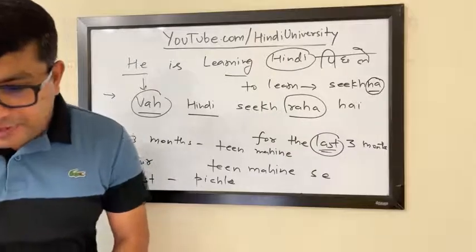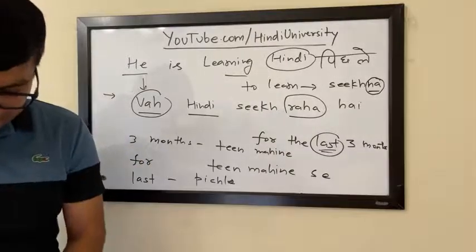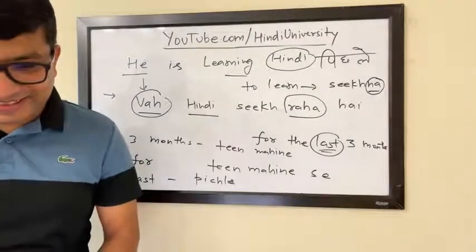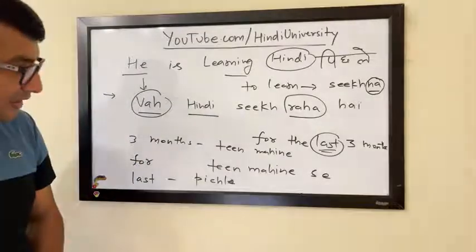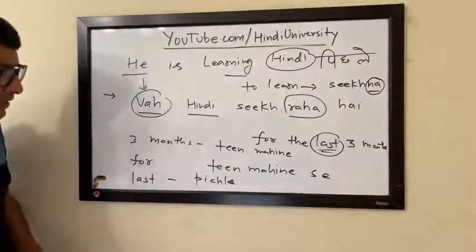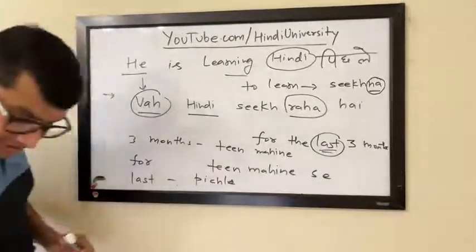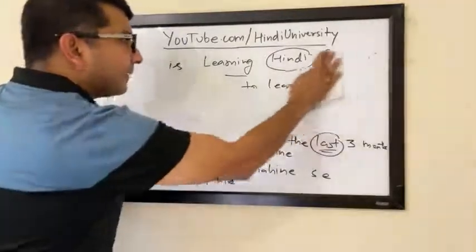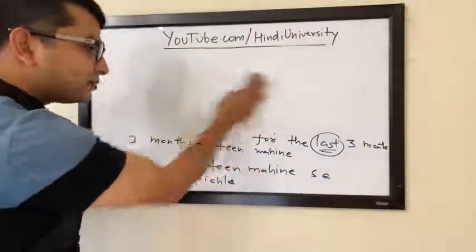Anyone else? Any questions? Take your time. Ask questions. It's okay. Ashu ji, why isn't it 3 महीनों से? You can say that, right? So basically, the question is, grammatically you're correct, but Hindi speakers use it interchangeably.